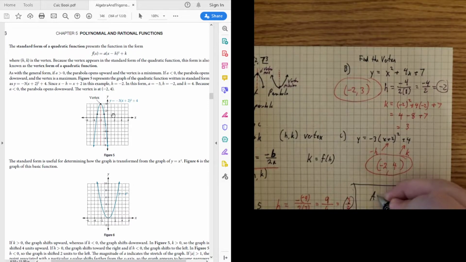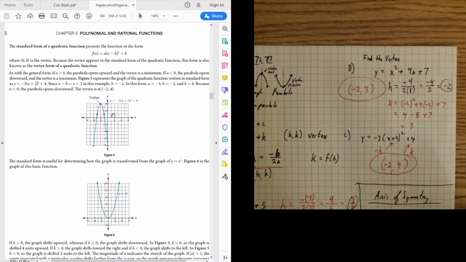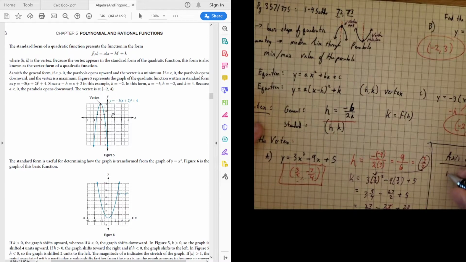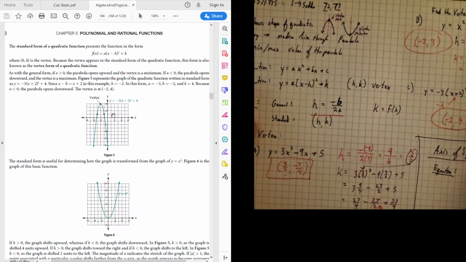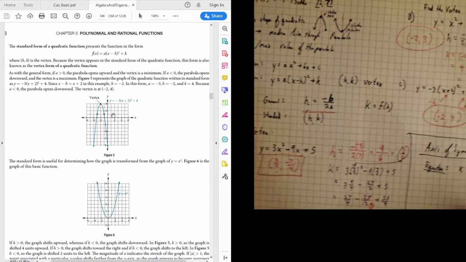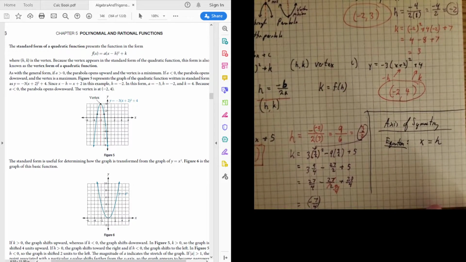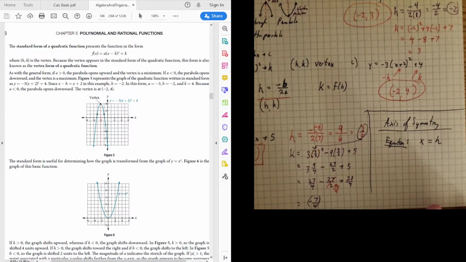Axis of symmetry. The axis of symmetry for all of these functions will always be a very, very simple equation. Now, it is an equation. The equation is x equals h. So, in these 3 examples, let's take a look at what it looks like when you have this equation.